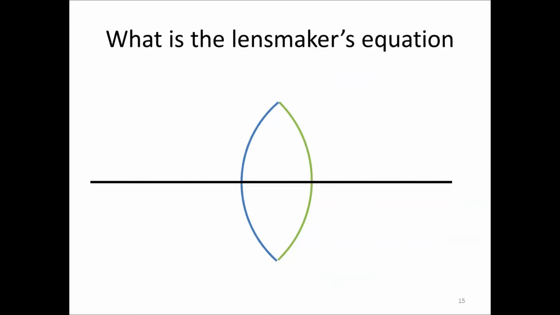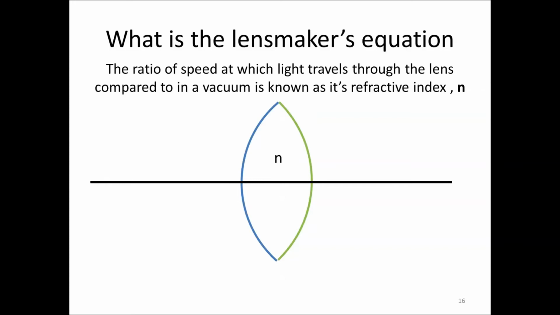Okay, so now taking this lens, we can discover the refractive index of the lens. This refractive index is a ratio of the speed at which light travels through the lens as compared to in a vacuum.